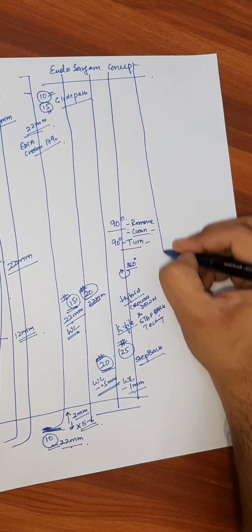In case a complete 360 is not happening, you can go 90 degrees, clean the file, remove the debris with irrigation, and again go for a 90-degree turn, followed by another 90-degree turn and another 90-degree turn. That will complete the entire prep.